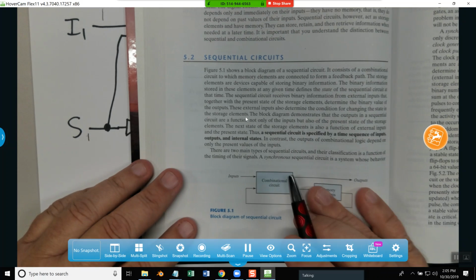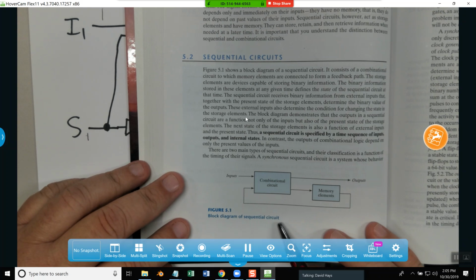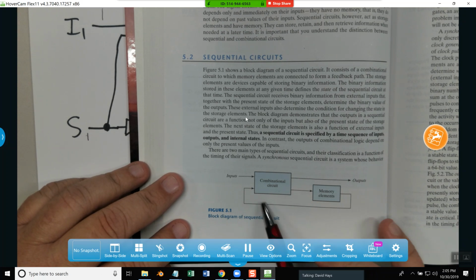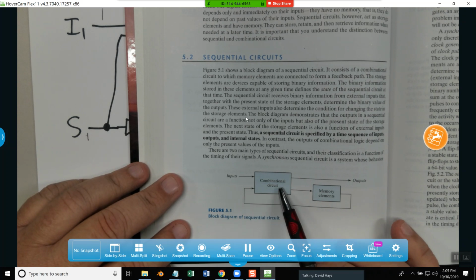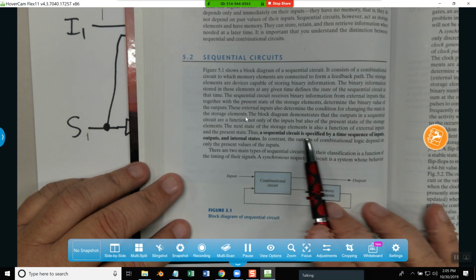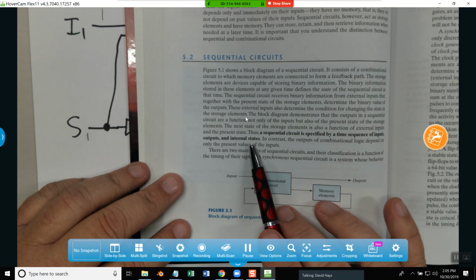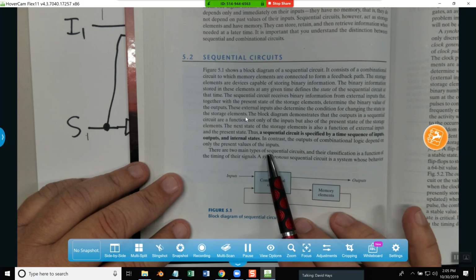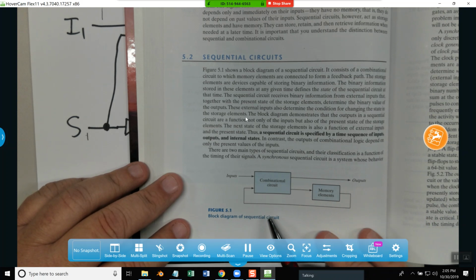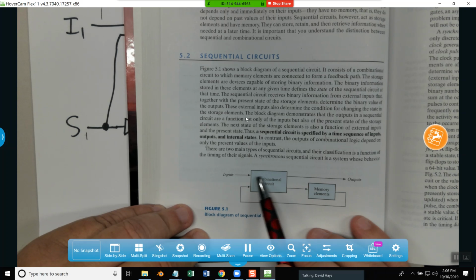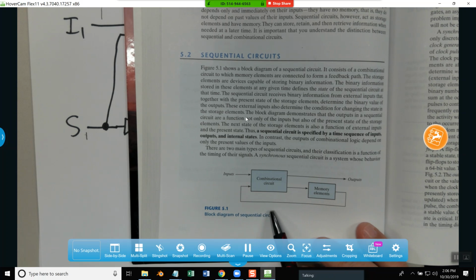Now here's a diagram of a sequential circuit. You still have the inputs, still have outputs. So inputs coming in. Now here we have a combinational circuit. A sequential circuit is specified by a time sequence of inputs, outputs, and internal states. In contrast, the outputs of combinational logic depend on only the present value of the inputs. So this shows you the inputs coming in.